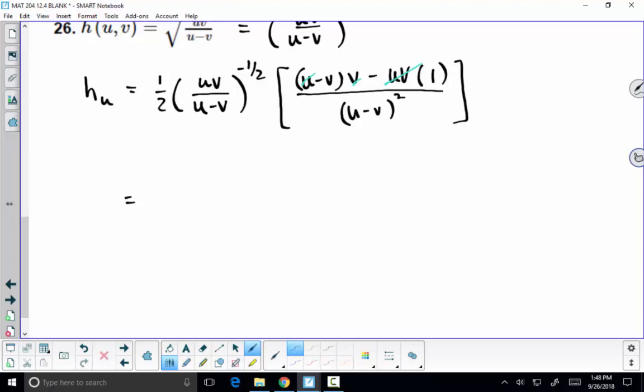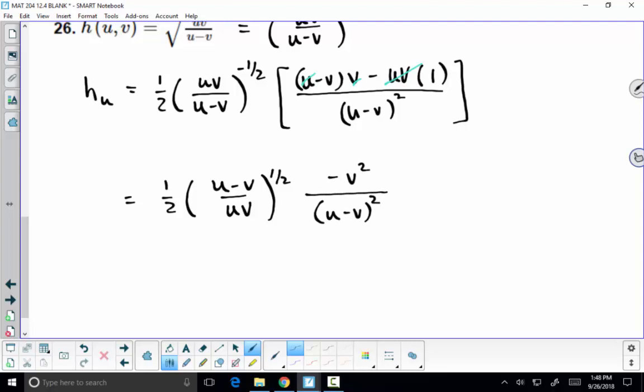So we're going to end up with, well, let's see, 1/2. I'm going to just flip this over so that we can have a positive 1/2. And then over here, we're going to have a minus v squared divided by u minus v squared. And there's not a lot left here. We can combine the u minus v's, and that's about it.